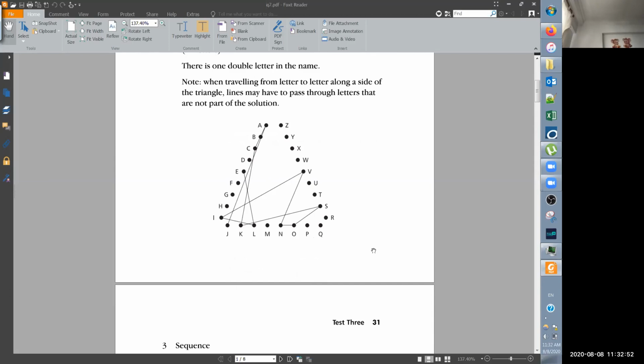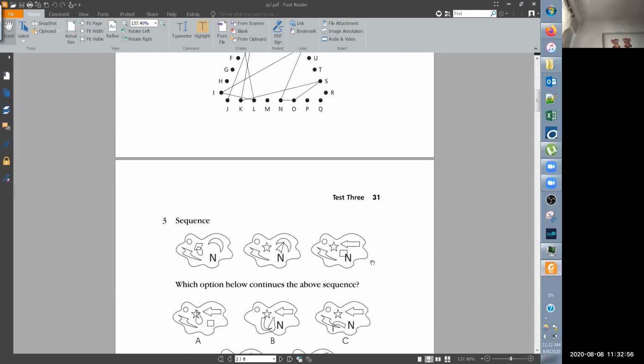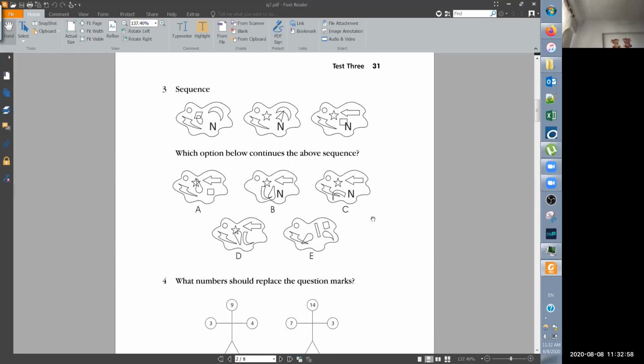Then let's look at question 3. What's the answer for question 3? C. Which one? You can actually pick the answer on the screen with your pencil. Why? You have to explain why.